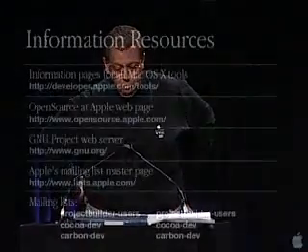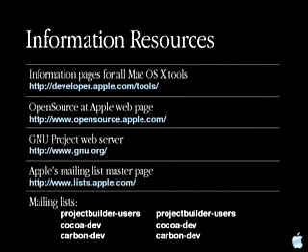Some information resources, as usual. Information pages for all the Mac OS X tools are available at the Apple developer website under the tools area. We also, for this theme, because GCC is an open source project, wanted to give you the pointer for open source at the Apple web pages, and the GNU project web source as well, since they're the baseline for all the GNU stuff.